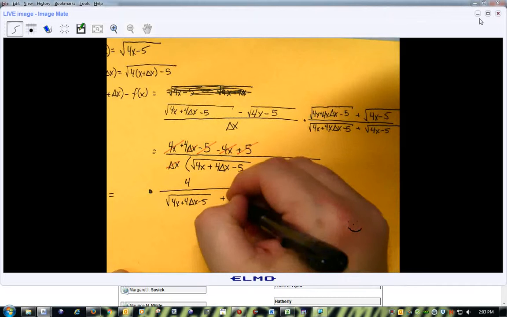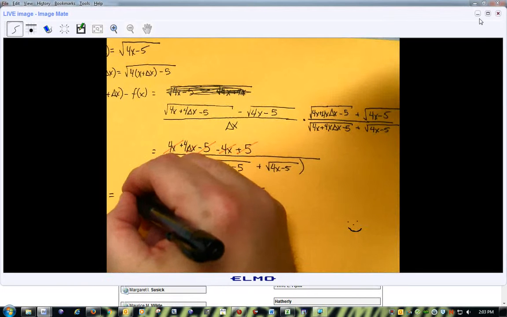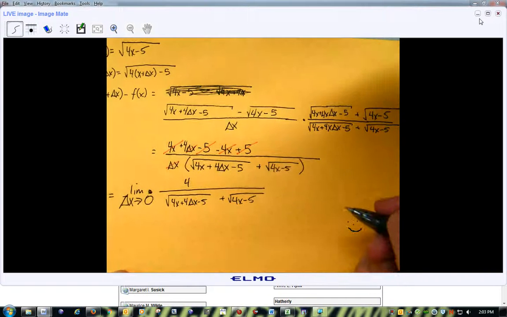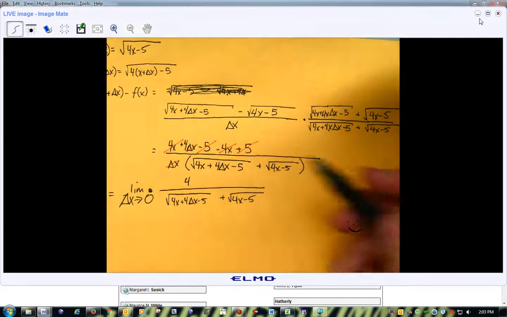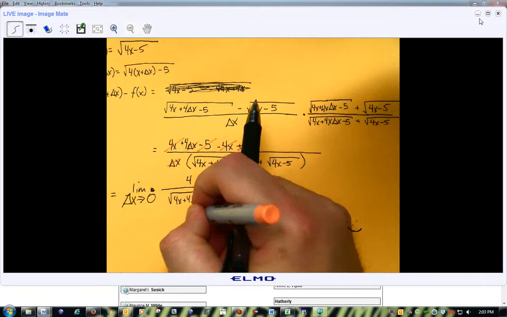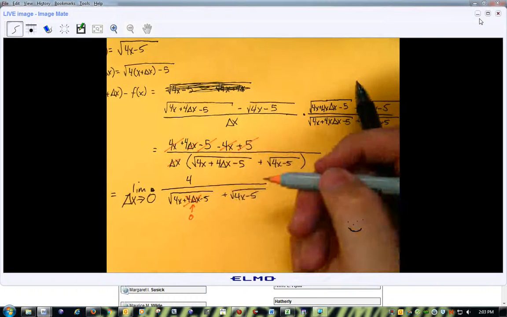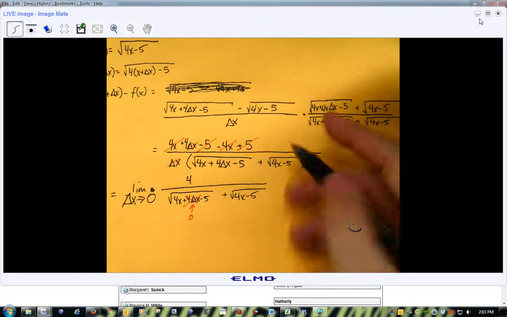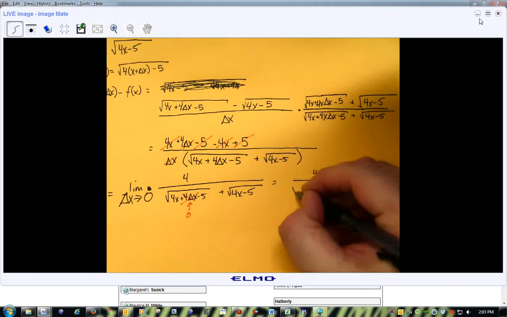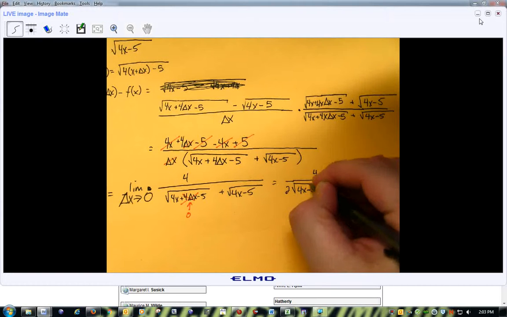And now I want to take the limit as delta x goes to 0. Now, where's the only delta x? It's right here. So that's a 0. That guy goes away. So this is going to be 4 over 2 times the square root of 4x minus 5.